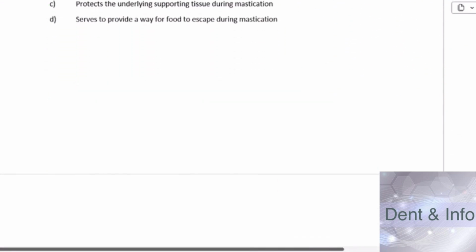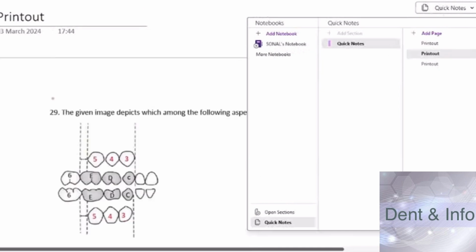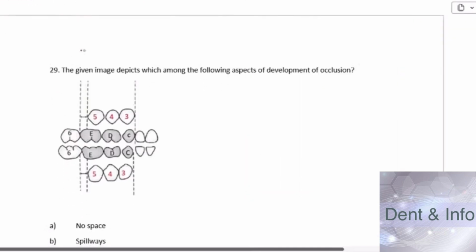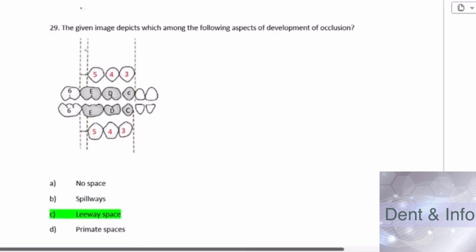Next, question number 29. The given image depicts which among the following aspects of development of occlusion? So now what are they showing us? C, D, E are going to be replaced by 3, 4, 5.